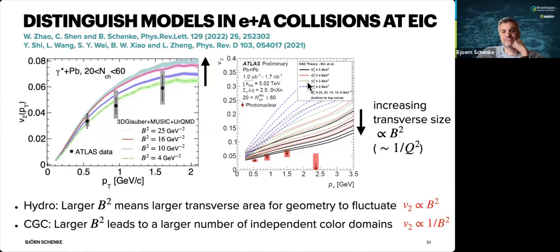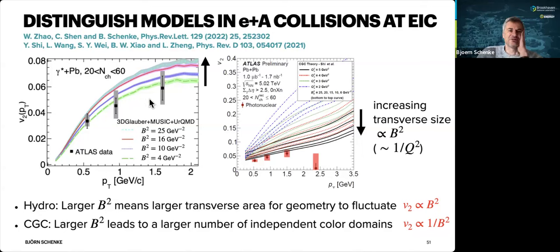And there are also other predictions from just the CGC, color glass condensate, where there are no final-state effects. They can also describe this data well. To distinguish these models, you could try to see what happens to the Q-squared dependence at the EIC, right? So now we basically have real photons, but if we had this Q-squared handle, that should affect the effective size of your vector meson or your QQ-bar dipole.